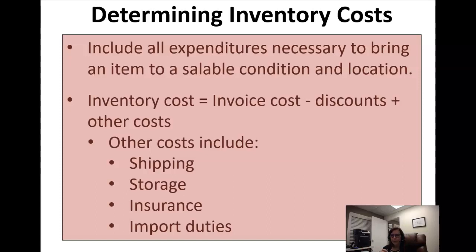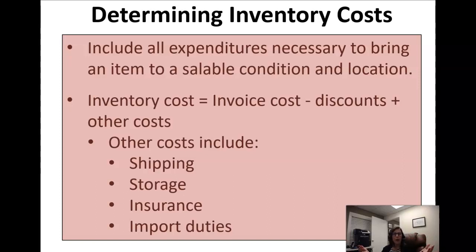Not so fast. There are other items that may be included in our inventory cost. There may be shipping costs if we had to incur insurance while the items were in transit. If we had to store the items because we didn't have room for them at the time.